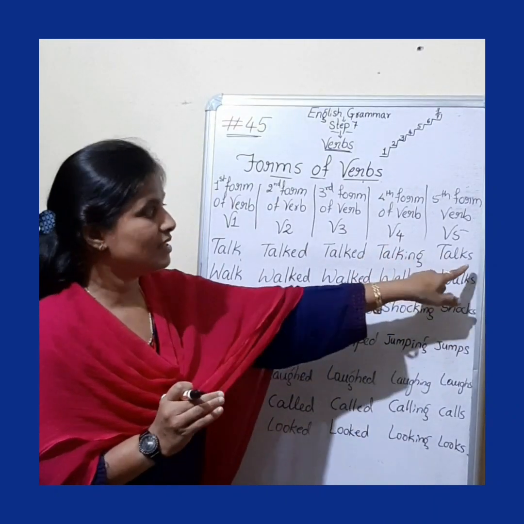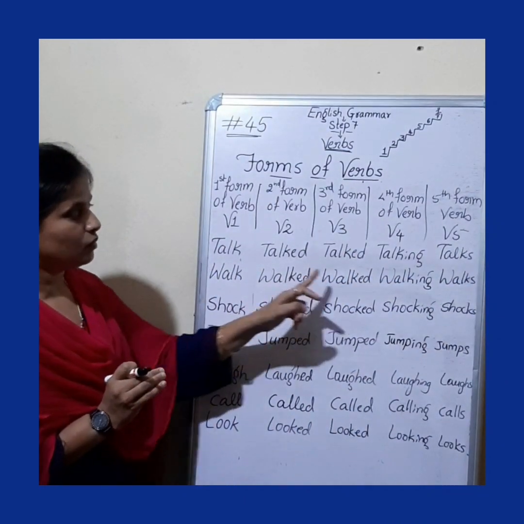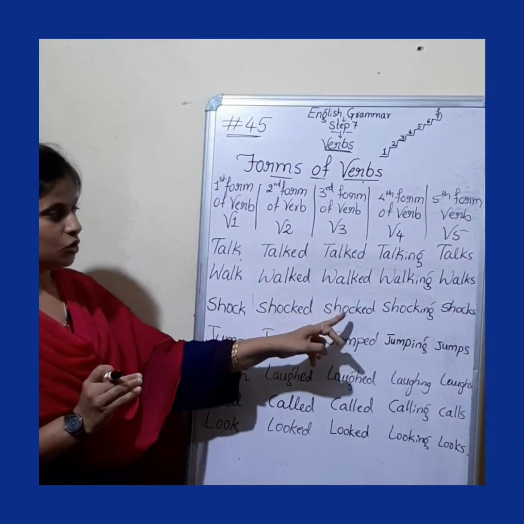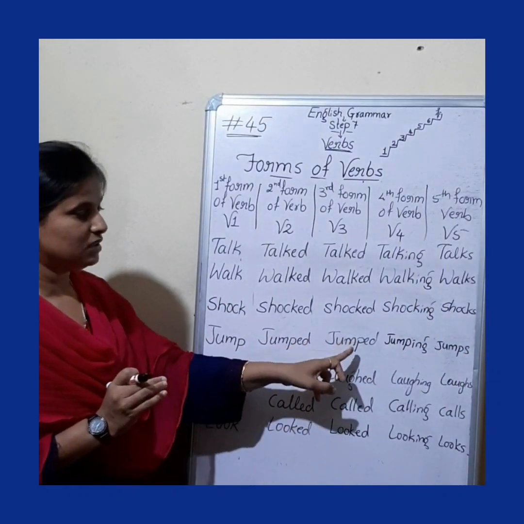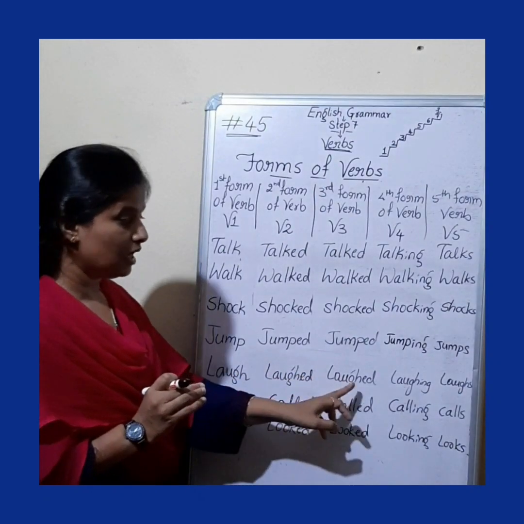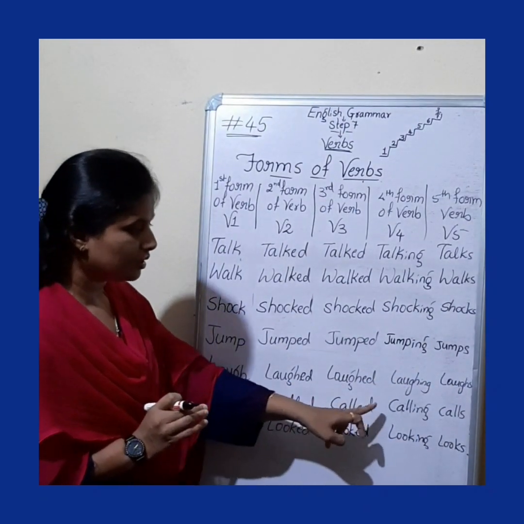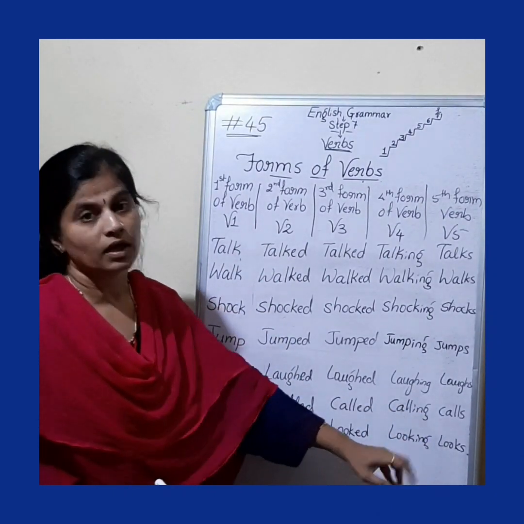Okay, so s is added over here. Next to that, let's see walk, walked, walked, walking, walks; shock, shocked, shocked, shocking, shocks; jump, jumped, jumped, jumping, jumps; laugh, laughed, laughed, laughing, laughs; call, called, called, calling, calls; look, looked, looked, looking, looks.